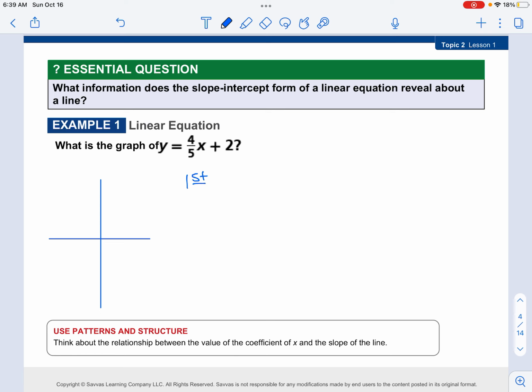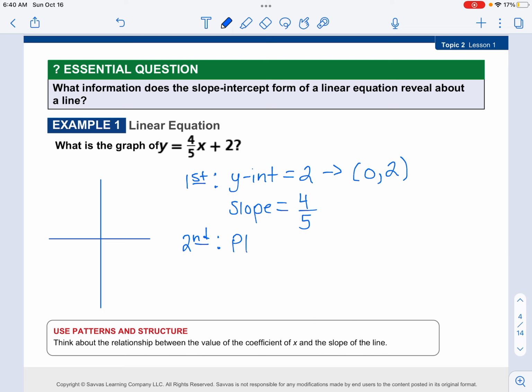My y-intercept is equal to positive 2, written as an ordered pair: 0 will be in the x position, and 2 will be in the y position. Our slope is equal to 4 over 5, and we know that because 4 over 5 is in front of x.